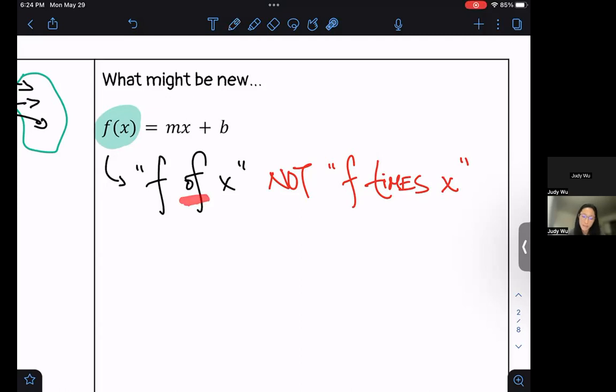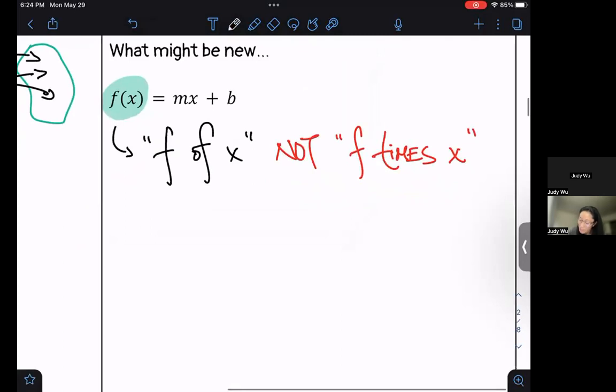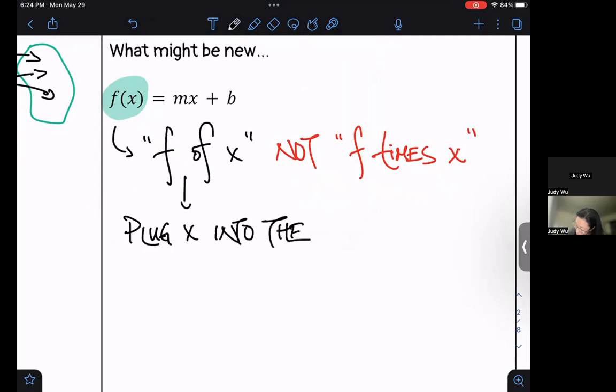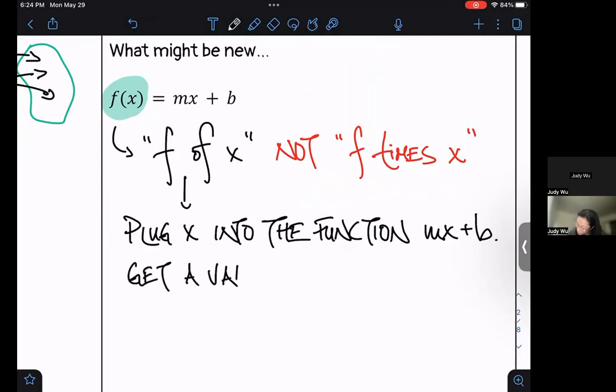So f of x. And what this means, not in the red color, because this is what it means. F of x means you plug x into the function mx plus b, right? And then we get a value out, and that is our f of x, okay?